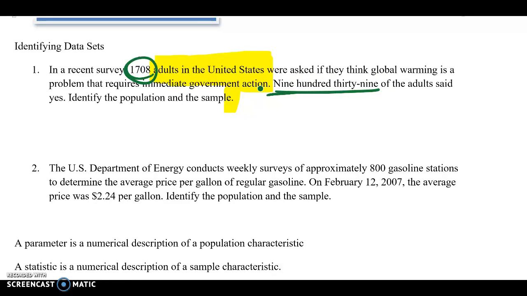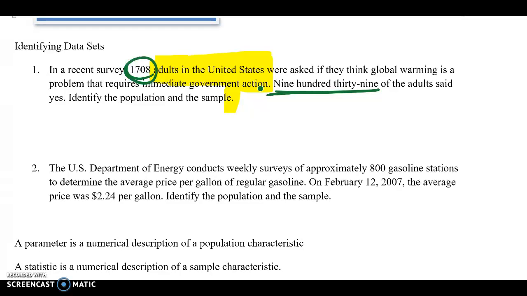Number two, the US Department of Energy conducts weekly surveys of approximately 800 gasoline stations to determine the average price per gallon of regular gasoline. On February 12, 2007, the average price was $2.24 per gallon.